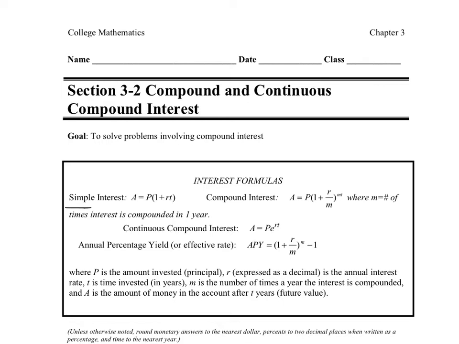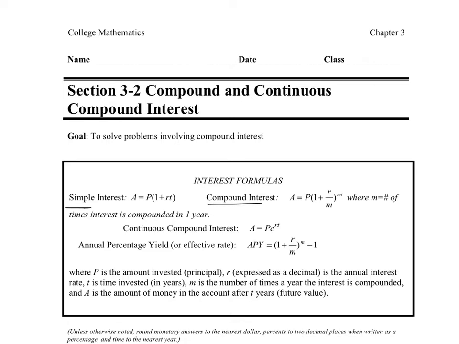Remember, with simple interest, it's always an annual interest rate, so you only are earning interest one time in a year. With compound interest, you might earn interest monthly or quarterly, even daily. And so because we're going to be getting interest paid on top of the interest that we've already earned, our formula has to adjust a little bit.